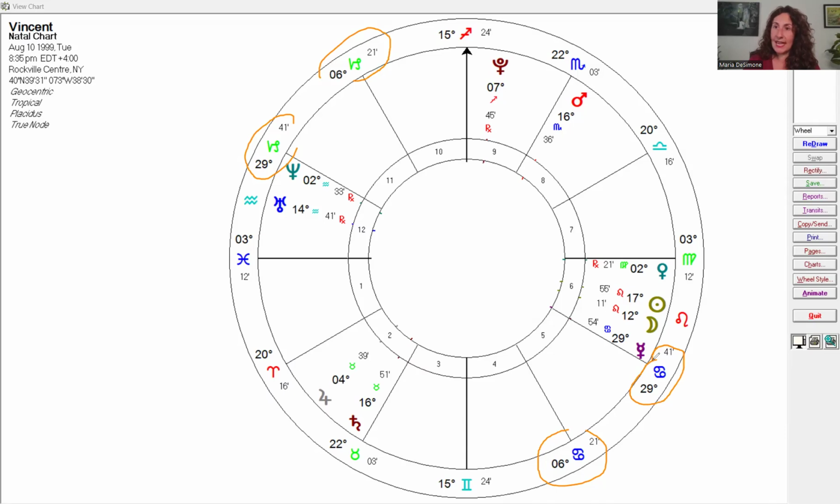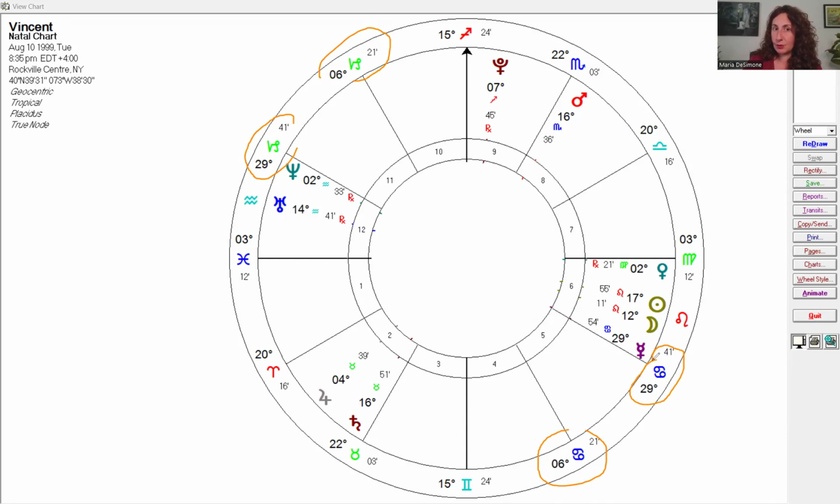They both begin with Cancer. Okay. When you see an axis represented twice, so the two signs in an axis represented twice as the beginning of a house cusp, you know you're looking at a chart with an interception. Okay, that will always be true.